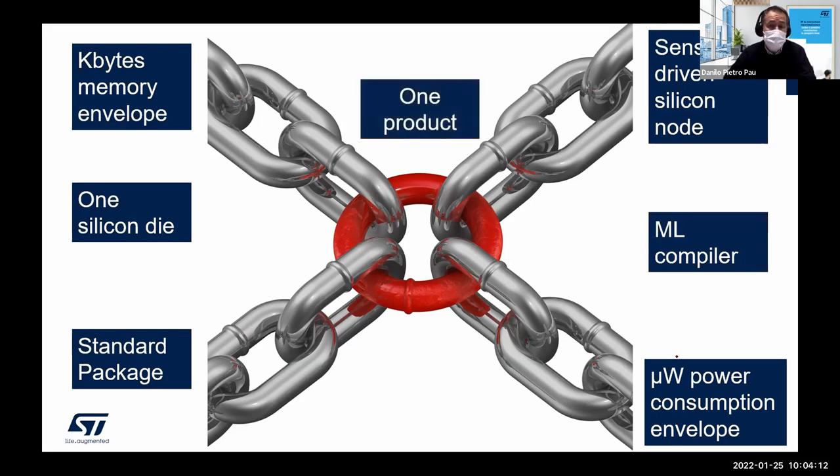And this has to be one product. It cannot be fragmented, a source of compromises. Like, look, I put a sensor in a 130 nanometer die close to a silicon which is 7 nanometer FinFET, because the cost structure is totally out of any sense, and then it will not scale.